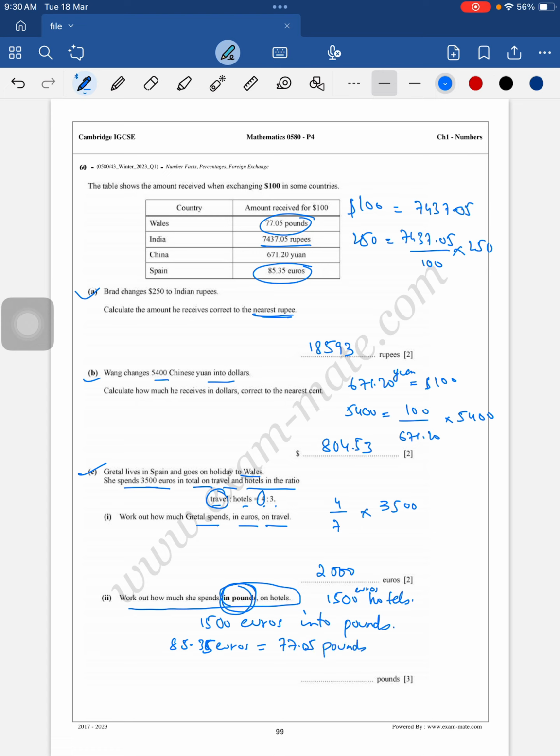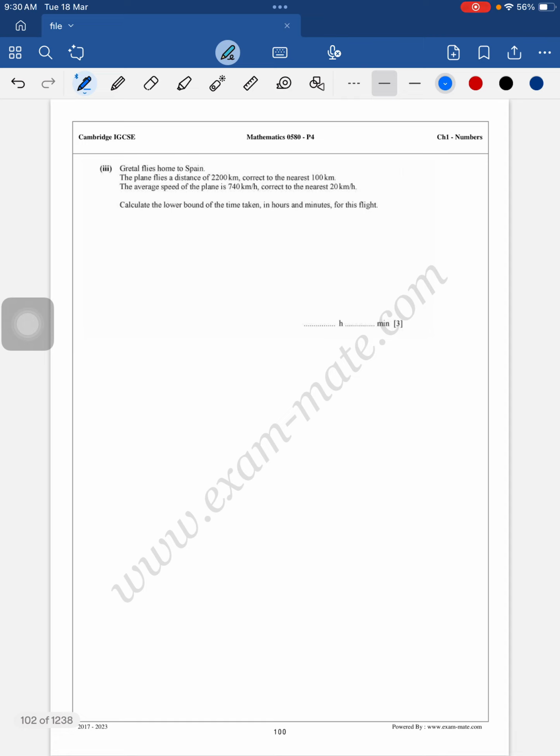So we need to convert 1500 euros: 77.05 upon 85.35 multiplied by 1500. So 1354.13 pounds.